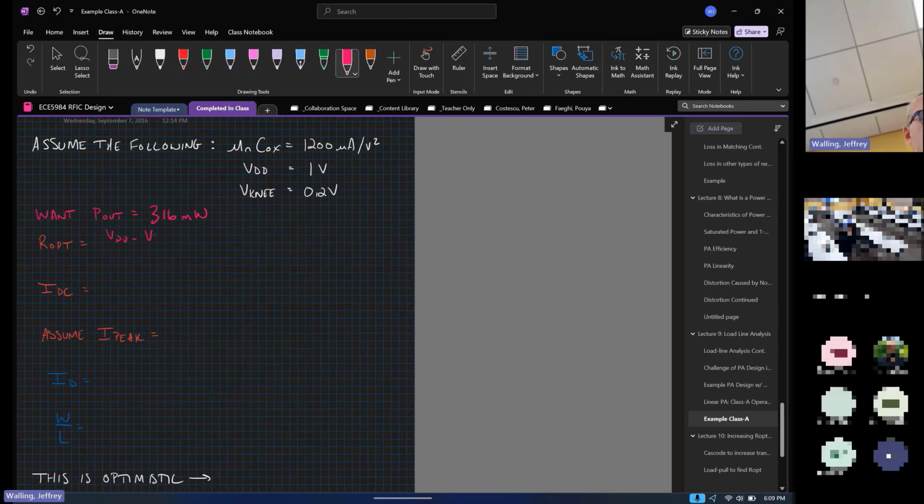VDD minus V knee, squared, over 2 times P out is equal to 0.8 squared over 0.732, which is 1 ohm. I like numbers to work out very nicely. It's close enough.